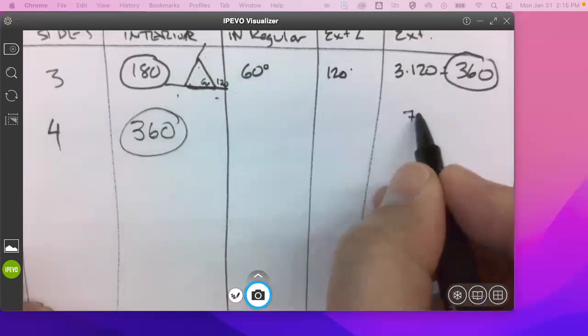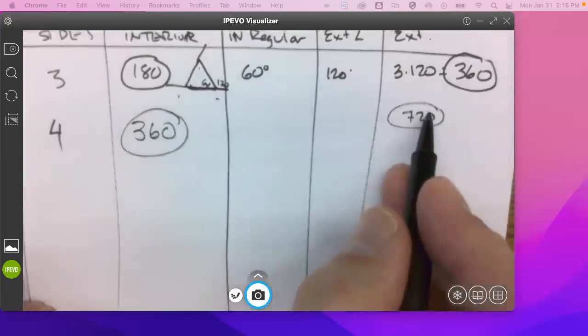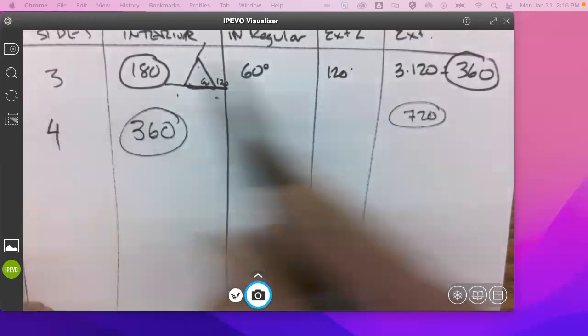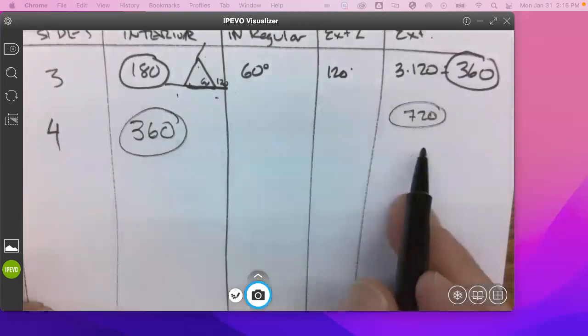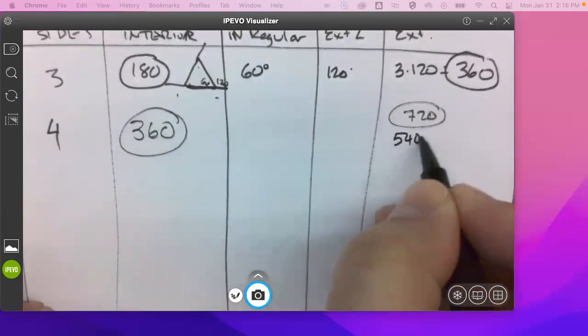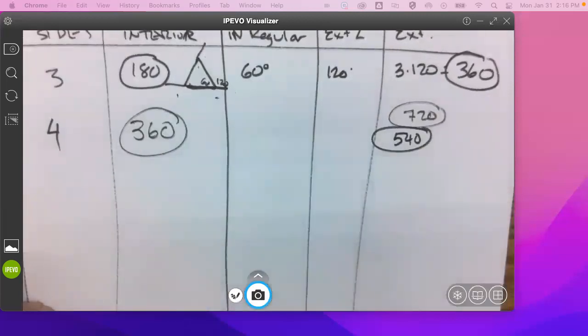That's a fair guess. Anyone have it? And what you're suggesting is that it doubles. Anyone have a different methodology that might get us from 180 to 360 and then 360 to 540, where it goes up by 180 degrees more? That seems reasonable. Any other guesses? Is that enough? You guys feel comfortable with one of those?